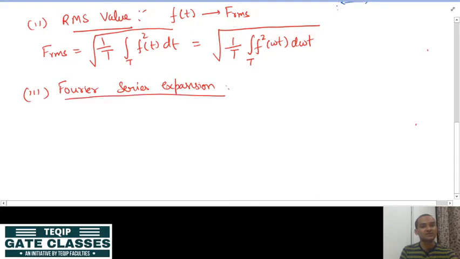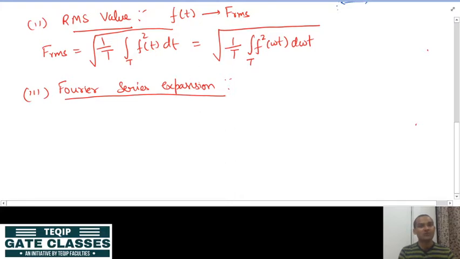This is a very important tool, and if you see the last 10 or 15 years of GATE question papers, most of the AC/DC rectifier questions comprise this Fourier series expansion, because many times it is required to analyze an AC/DC rectifier in terms of harmonics, such as how much harmonic content their input source current contains, and many other things.